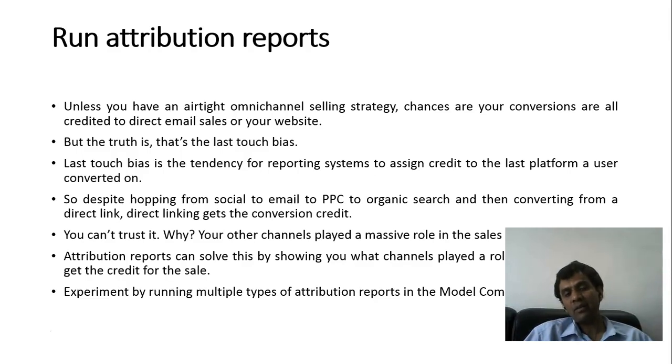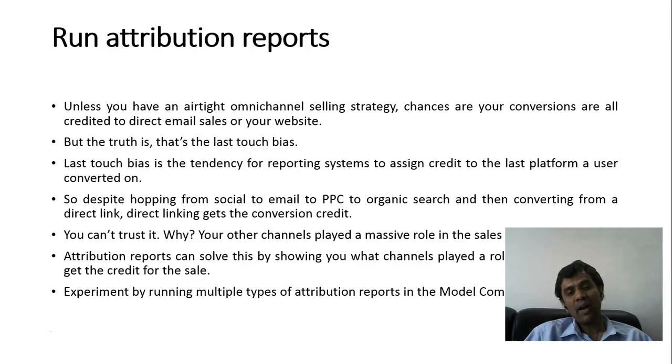Last touch bias is the tendency for reporting systems to assign credit to the last platform a user converted on. So, despite hopping from social to email to PPC to organic and then converting from a direct link, direct linking gets the conversion credit.